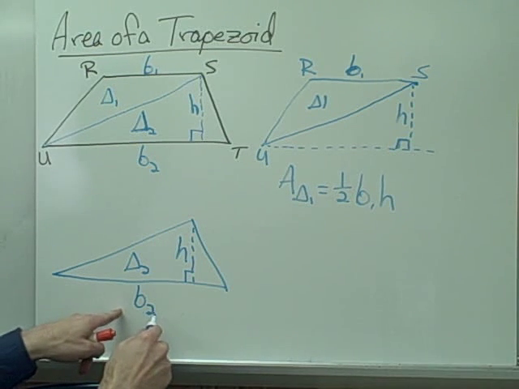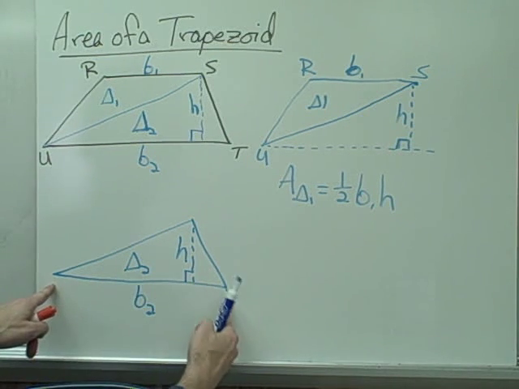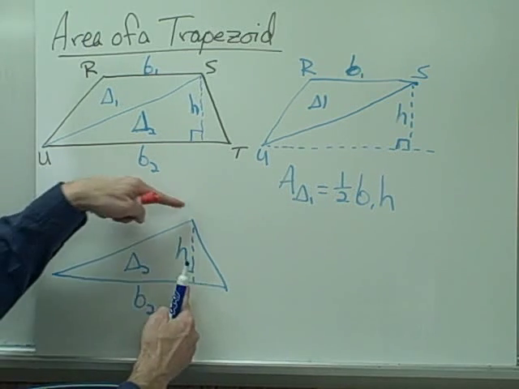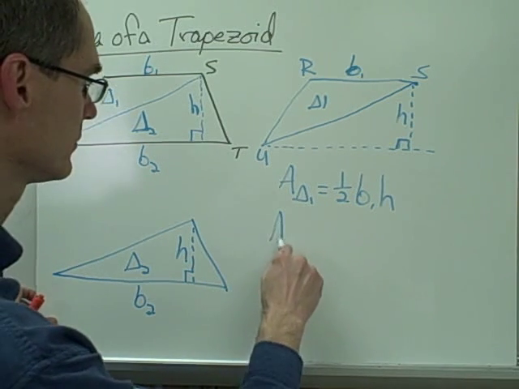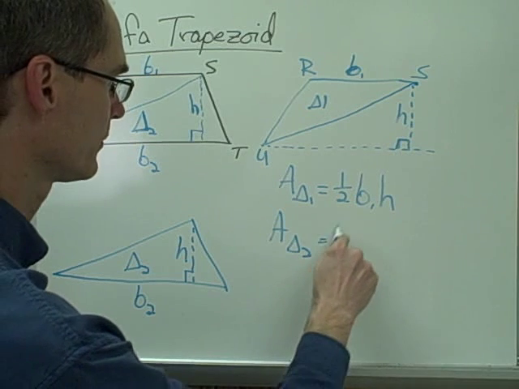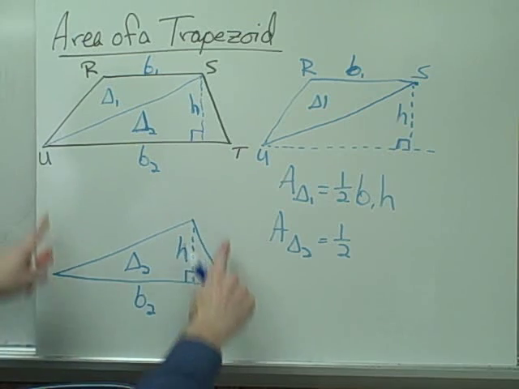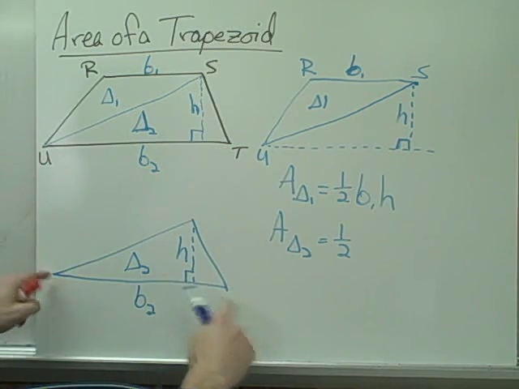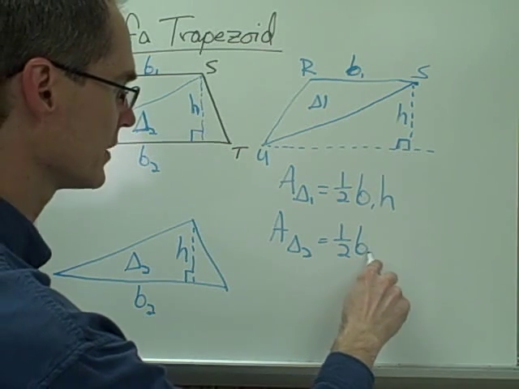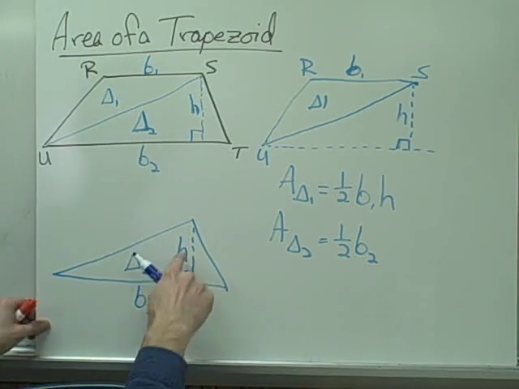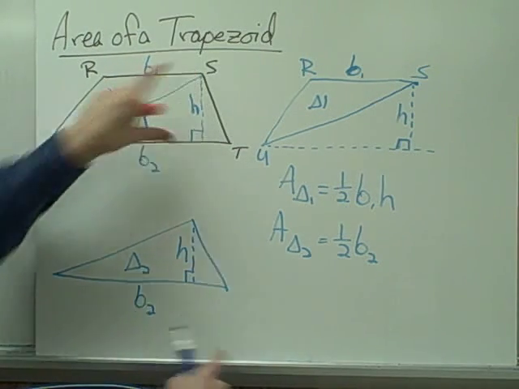Well, it's not hard to see the area of triangle number 2 is going to be 1/2 base times height. So area of triangle number 2, 1/2 base times height. The base of this triangle is B2, that is the length of my second base of my trapezoid. The height of this triangle is the same as the height of the trapezoid.